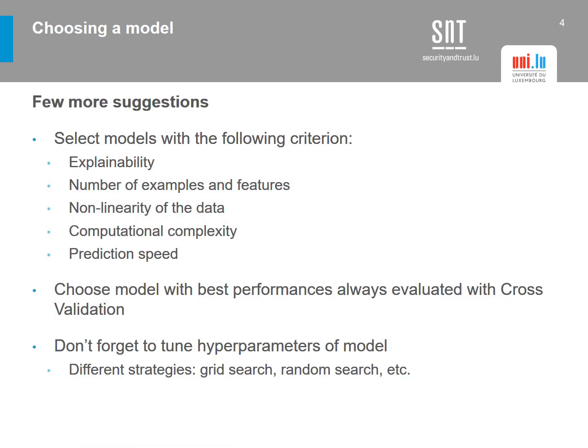Another suggestion is to select a model depending on the criteria that we care about. If explainability is the criterion, then maybe use a decision tree rather than some more complex and powerful models. We need to take care of how many examples and features we have, as some models perform much better if we have a lot of features and examples.